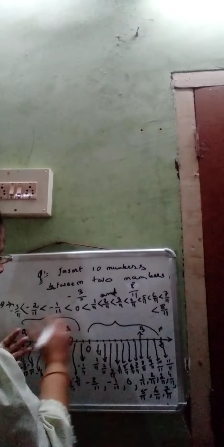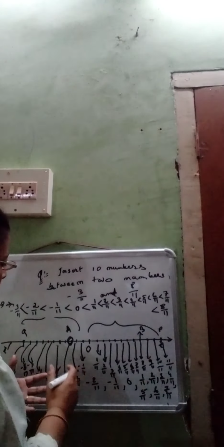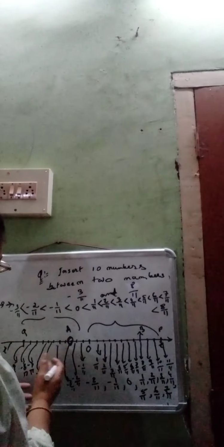Similarly the negative side is minus 1 by 11, minus 2 by 11, minus 3 by 11, minus 4 by 11, etc., up to minus 11 by 11.